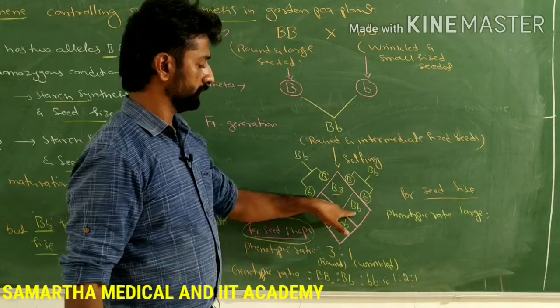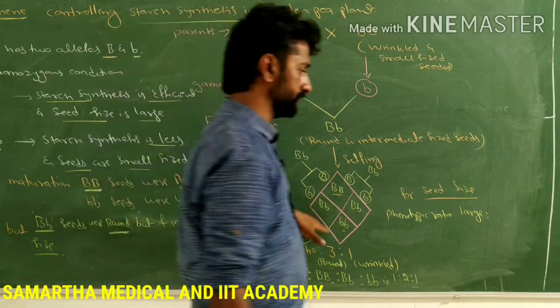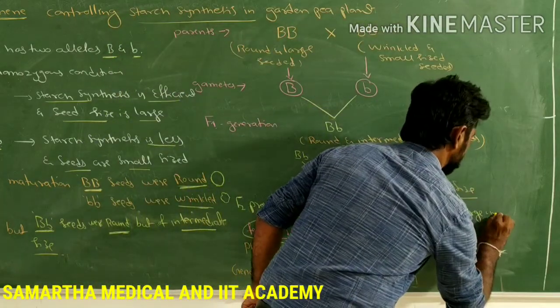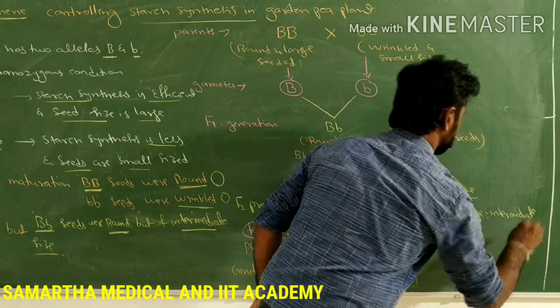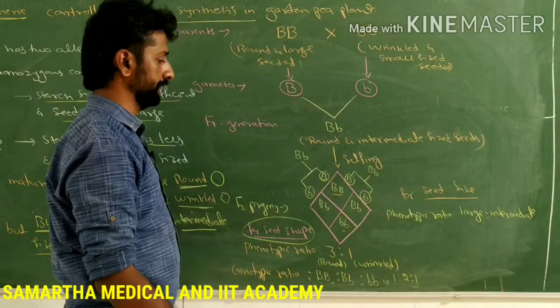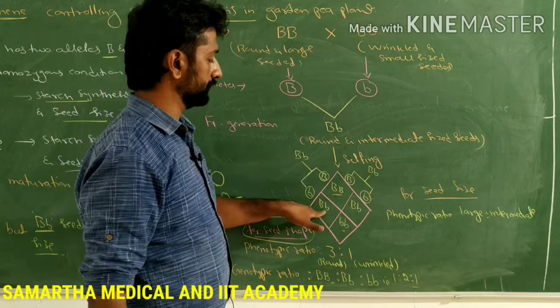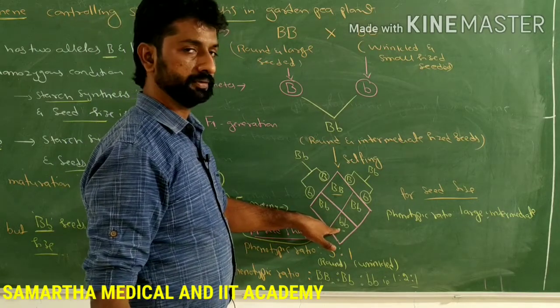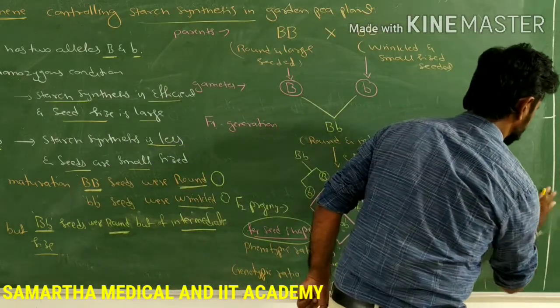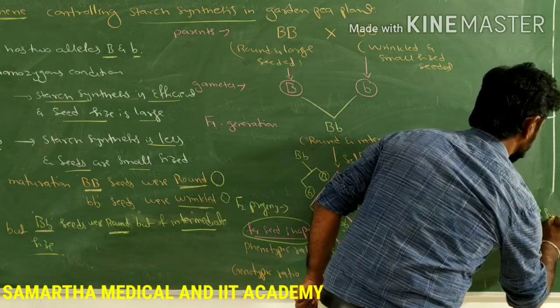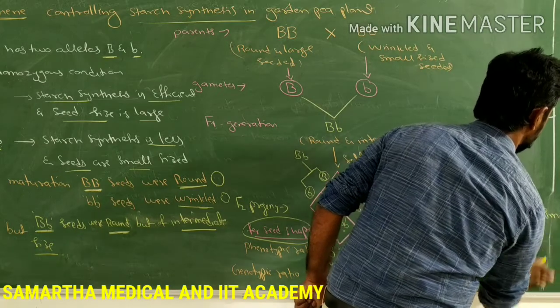When the heterozygous condition is present, the size of the seed will be intermediate. And when the homozygous recessive condition is observed, the seed size will be small.